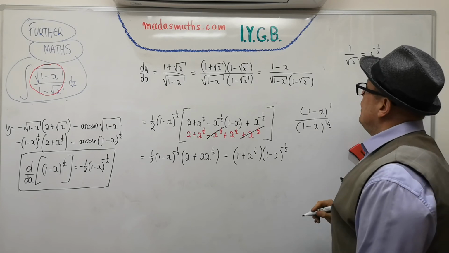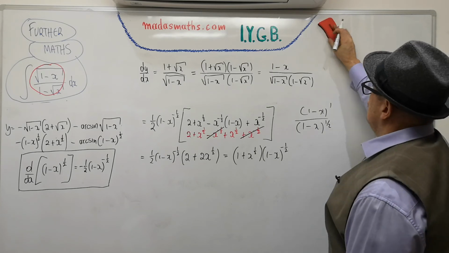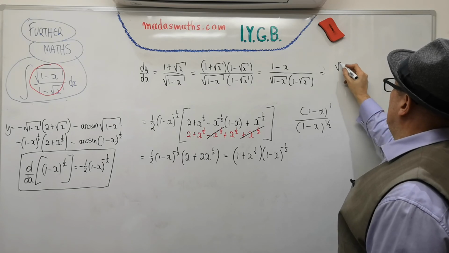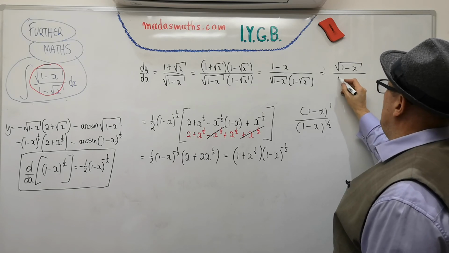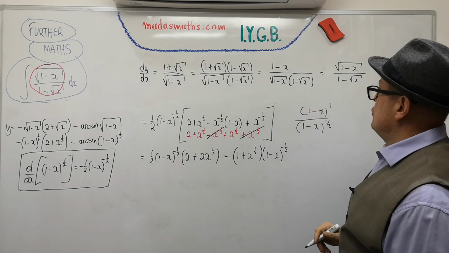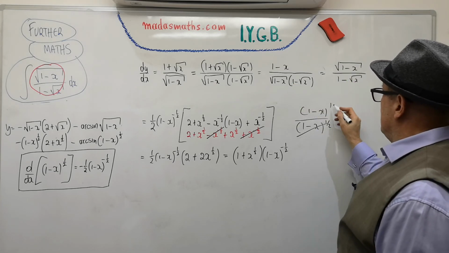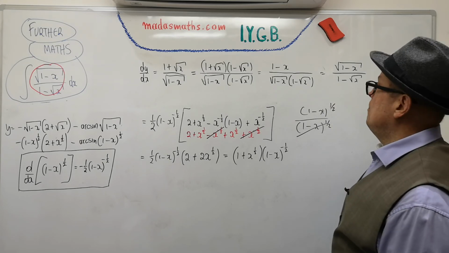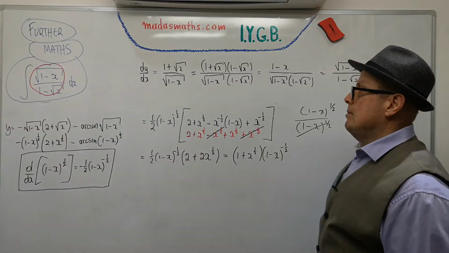And, of course, that will move the square root on the top. So that will be 1 minus x square rooted over 1 minus the square root of x. That bracket is not needed, and I hope you can see the cancellation there, rules of indices, and that will go to the half on the top. And of course, that differentiation has been verified.